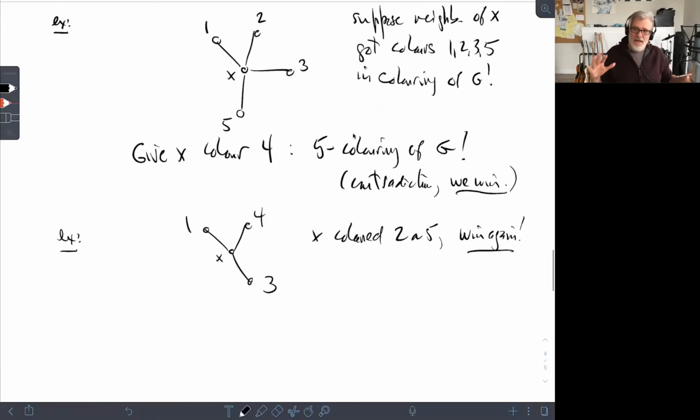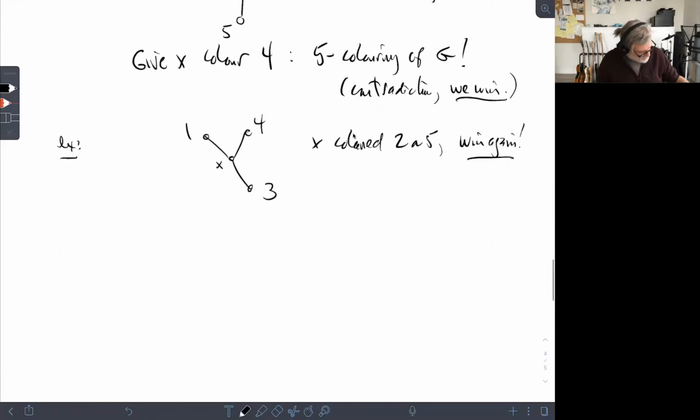Now let's try to see all the winning cases. Here's the last one just to make sure. Hopefully you see that if X has fewer than 5 neighbors, we win, right? Otherwise it must have 5 neighbors, since we know X has at most 5 neighbors. Let's choose different colors this time.